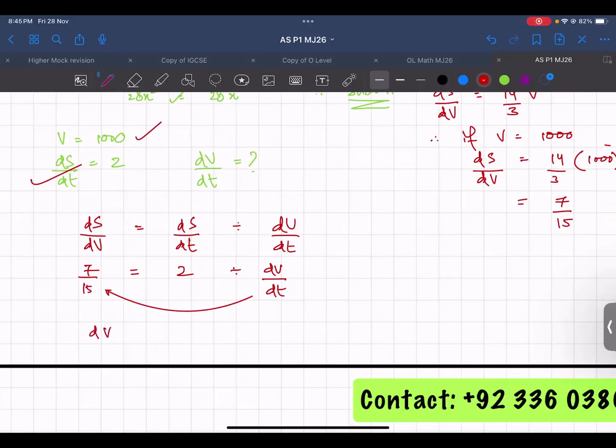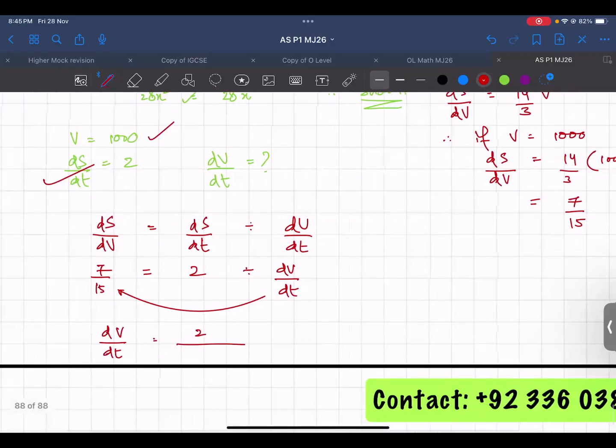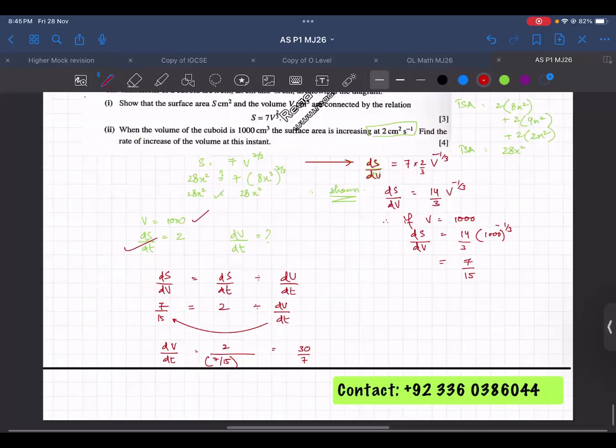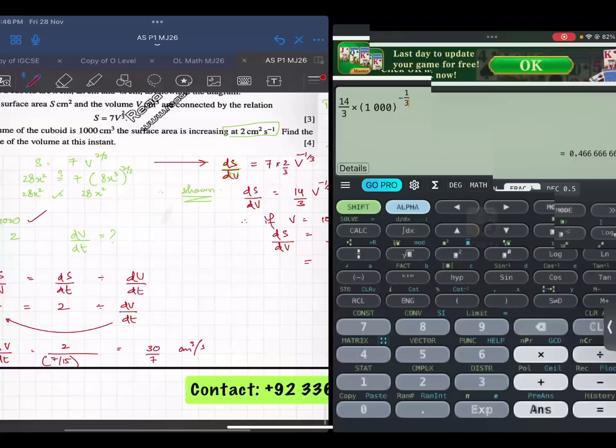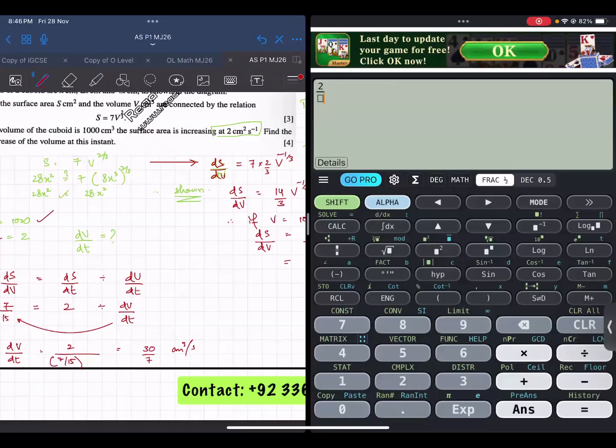So dV by dt is equal to 2 upon 7 upon 15, which will come out as 30 upon 7. This is your answer. 4.29.